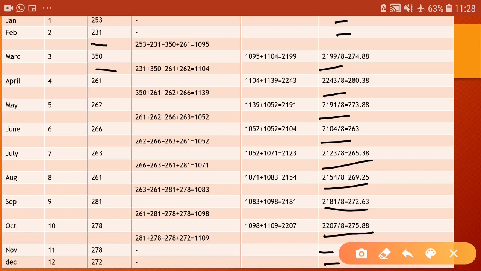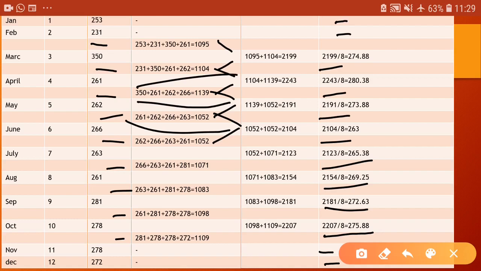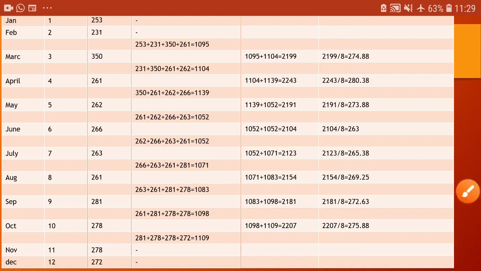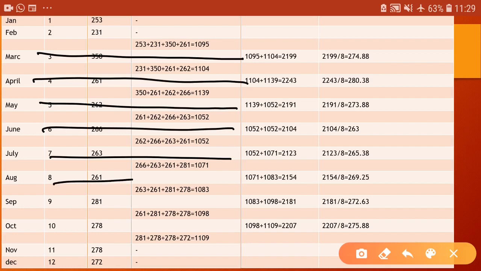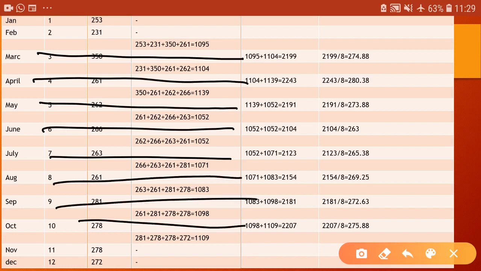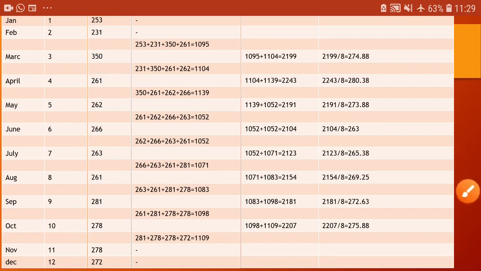You have to skip the line and first write in between the lines. Then you have to combine this way. When you are combining, it should be against a parallel line. It should be like this: March, April, May, June, July, August, September, October.